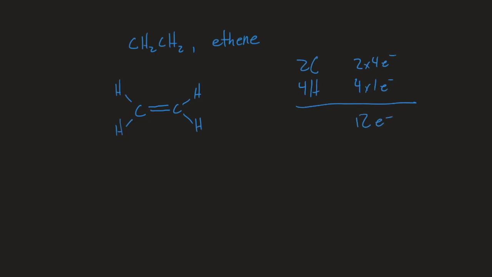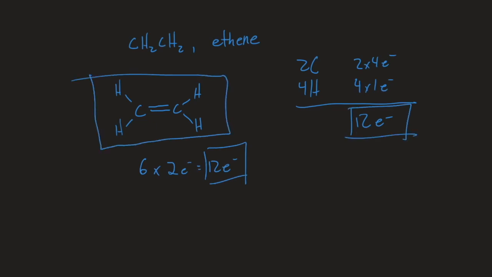If I look at my structure, I have 1, 2, 3, 4, 5, 6 bonds. 6 bonds times 2 electrons each is equal to 12 electrons. And so these numbers match, and this is the correct structure for ethene.